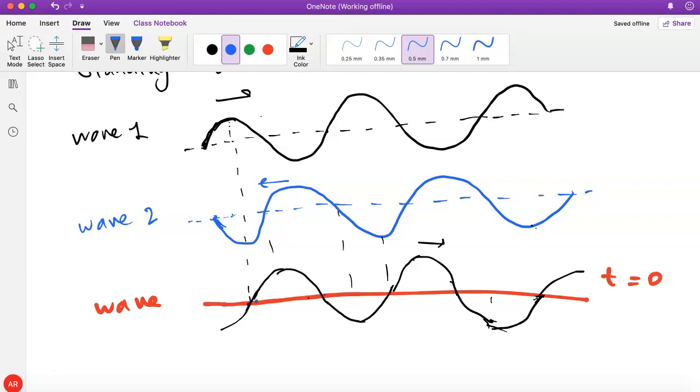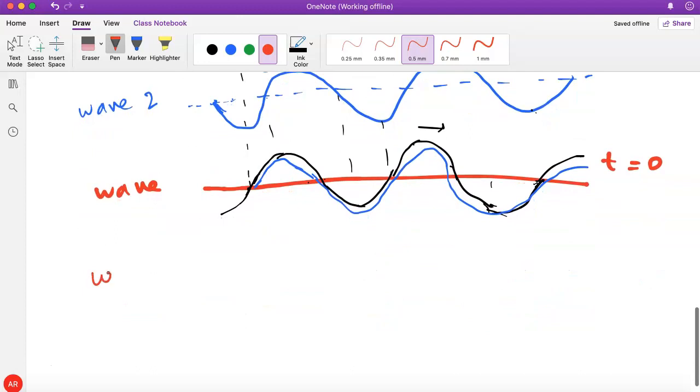And then the pattern repeats itself, so it will be identical to this. And therefore the red curve now at t equals capital T over 4 will look like something like this. It's just double the amplitude.